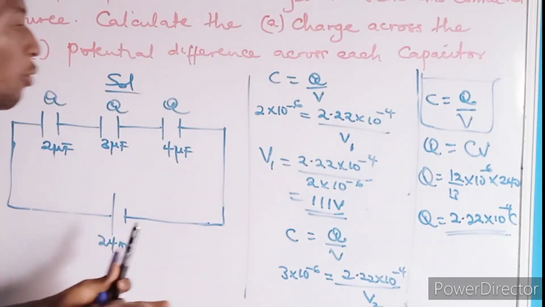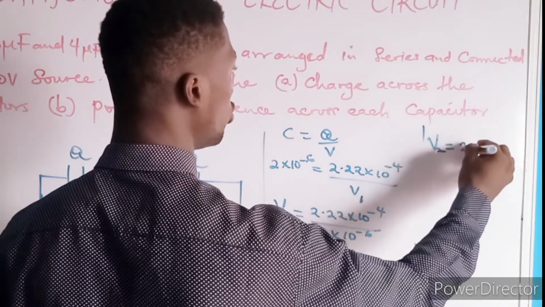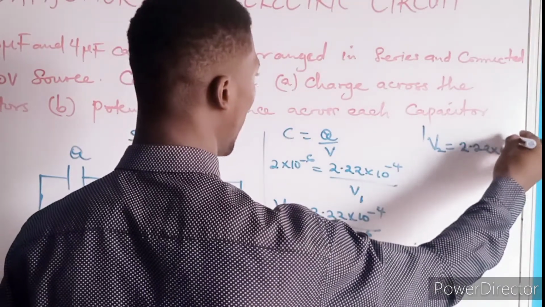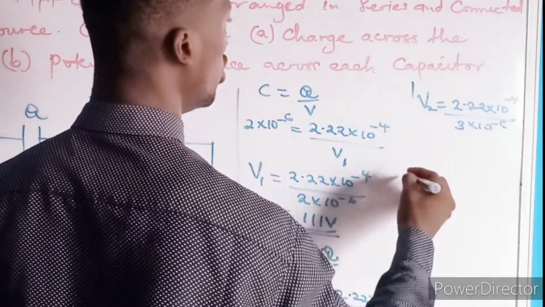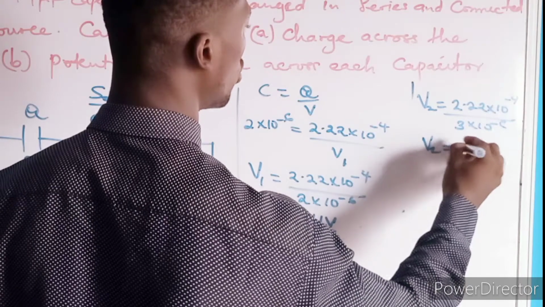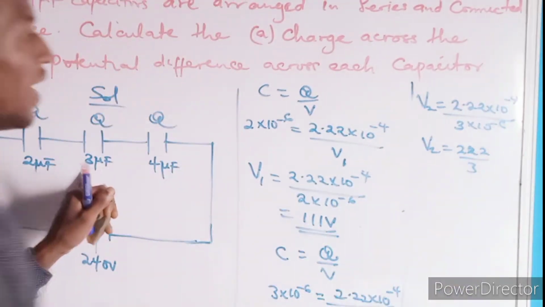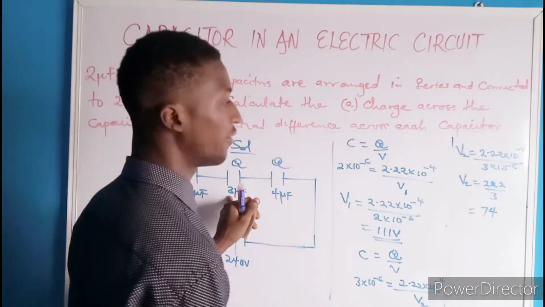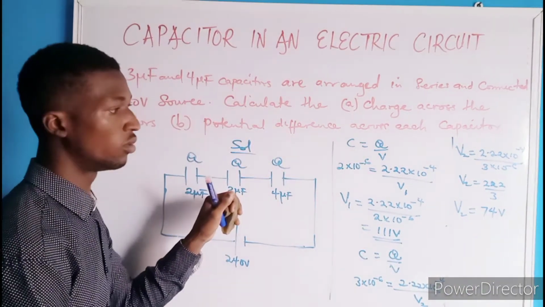So V2 equals 2.22 times 10 to the power minus 4 divided by 3 times 10 to the power minus 6. So V2 equals 222 over 3, and that is 74 volts for the second capacitor.